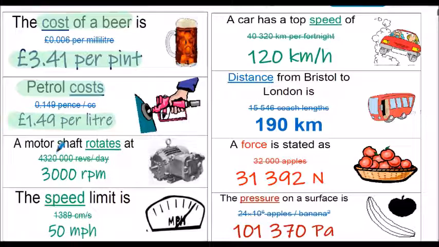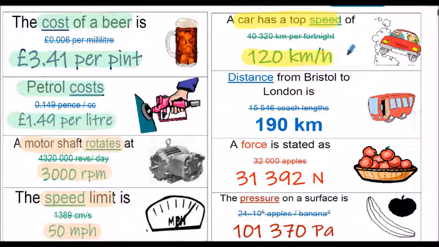The electric motor shaft rotating at 4,320,000 revs per day would be quite meaningless to a customer, but if we stated the motor shaft rotated at 3,000 revs per minute, that would make much more sense. The speed limit of 1,389 centimetres per second is actually 50 miles per hour. Again, that makes more sense to us when we're driving along in our cars. And the car top speed in the showroom of 40,320 kilometres per fortnight is actually 120 kilometres per hour.